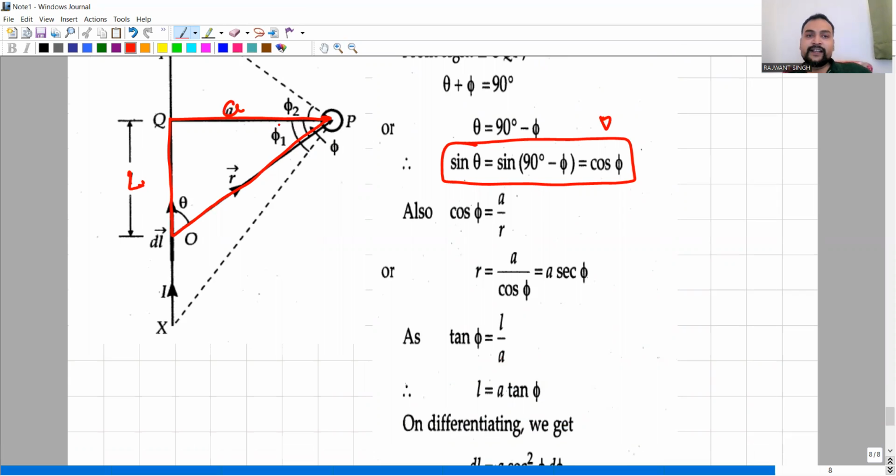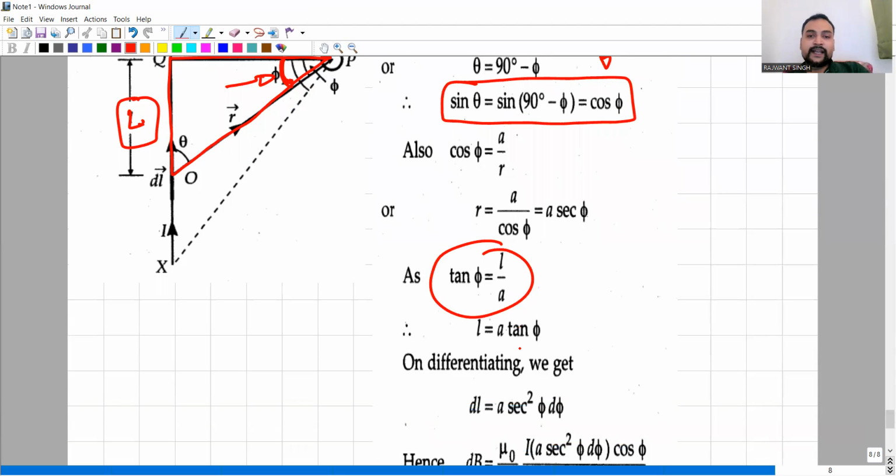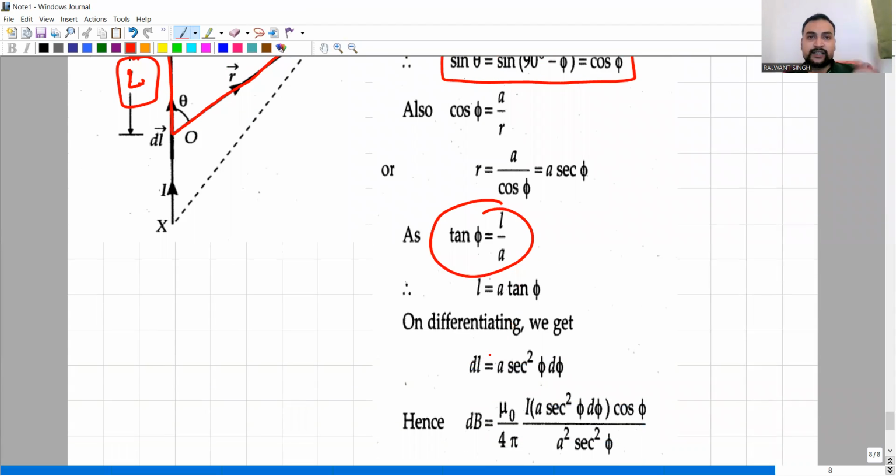That means if I find the tan of this angle phi, it will become L over A, perpendicular over base, or opposite over adjacent. So tan phi will become L over A, and L will become a tan phi. We don't need L, we need the value dl, so we have to differentiate it, and on differentiating we will get dl is equal to a sec square phi d phi.